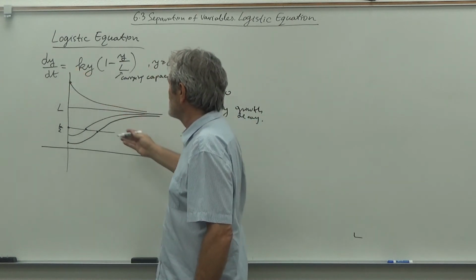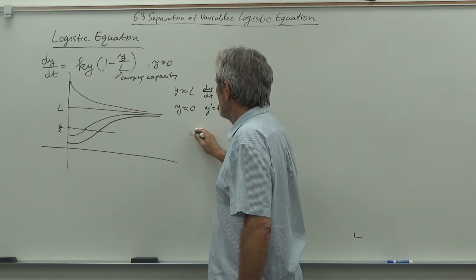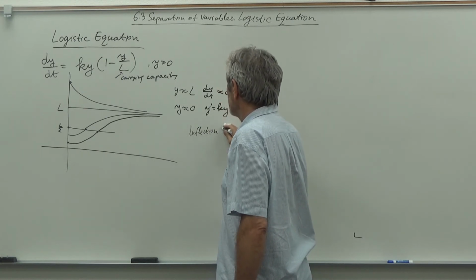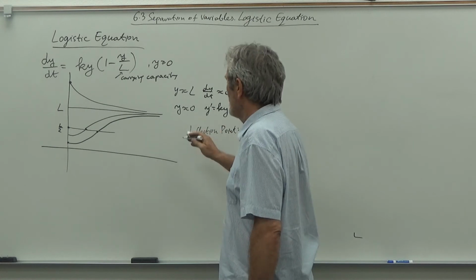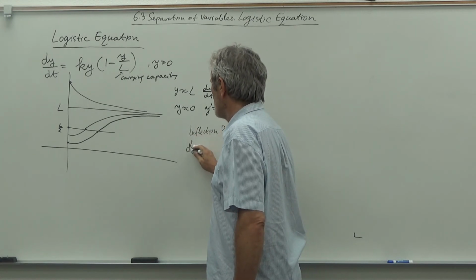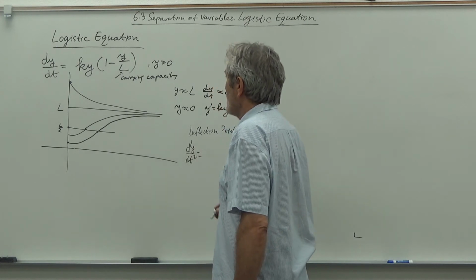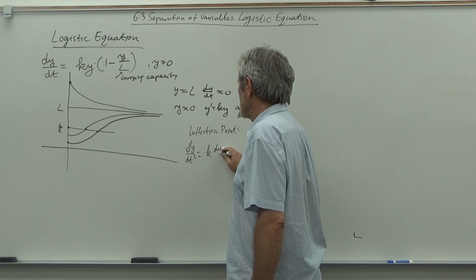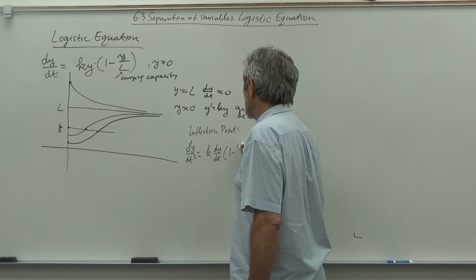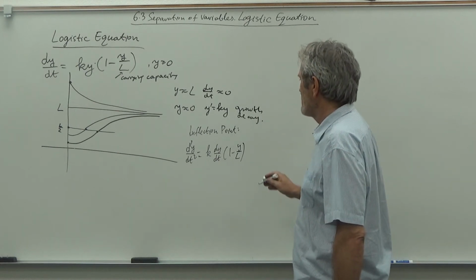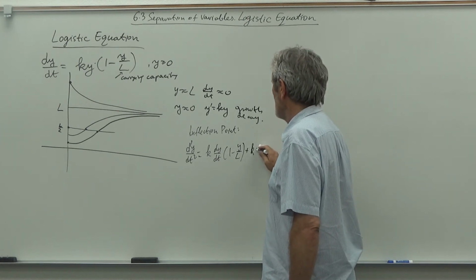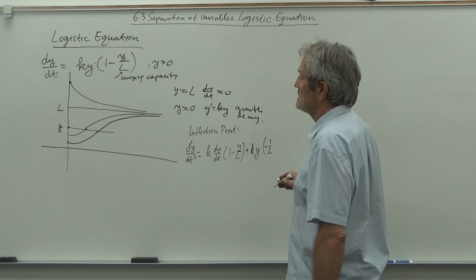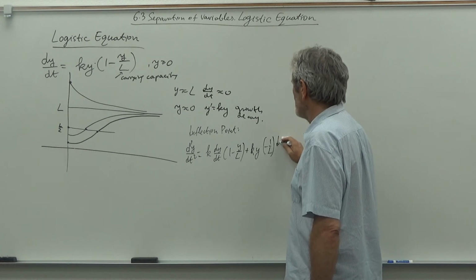So we'll do the following, we'll just calculate the second derivative. What's the inflection point? So we'll get a second derivative, d2y over dt squared. We'll use the product rule, so it will be k times dy over dt times 1 minus y over L, plus k times y times negative 1 over L, and then the derivative of y will be dy over dt.